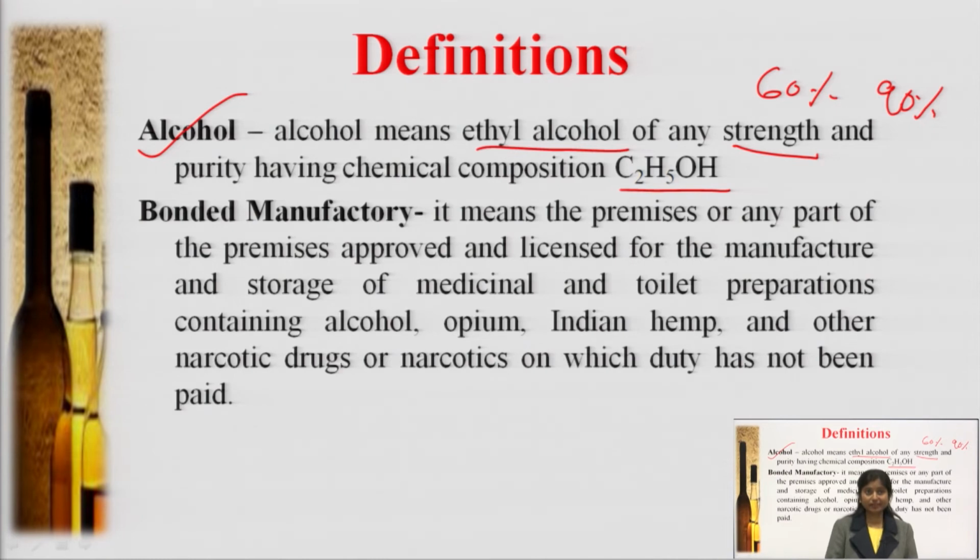Bonded manufactory, bonded, it is bond. You have used this word, that is bonded, something like it is regulated by the other person. Then let us see the definition first, then I will explain it in detail. It means the premises, that is the area, or any part of the premises approved and licensed for the manufacture and storage of medicinal and toilet preparations containing alcohol, opium, Indian hemp and other narcotic drugs or narcotics on which duty has not been paid.